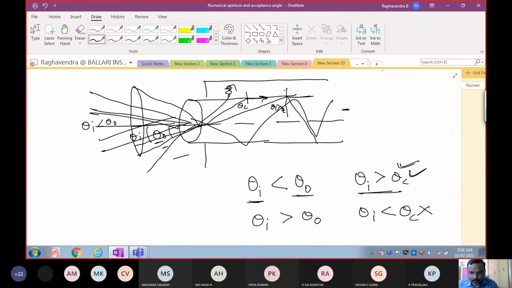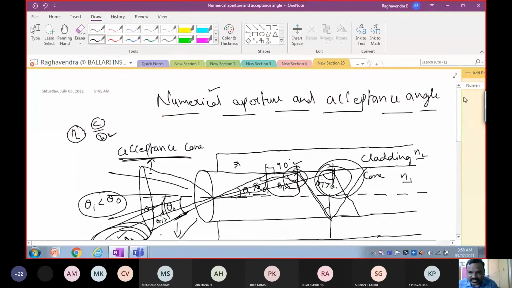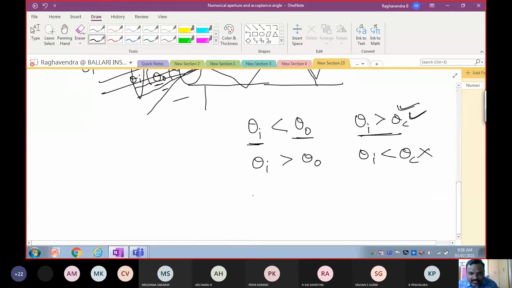Now you come to the point. We have discussed acceptance angle. That is, for a particular angle of incidence, the angle of refraction is 90 degrees at the interface between core and cladding. That particular angle of incidence is what we call the acceptance angle. Numerical aperture is nothing but the sine of the acceptance angle.